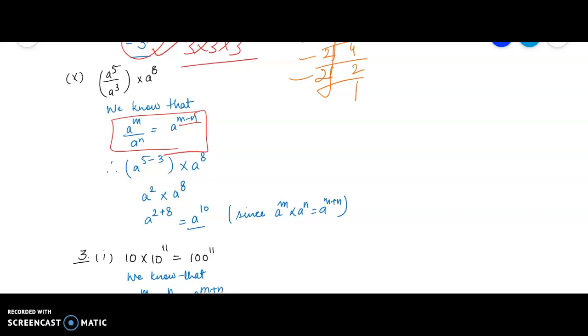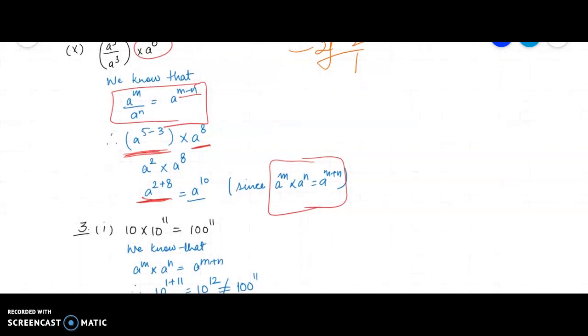So here also I'll subtract 5 minus 3, so this will become something like this, multiplied by what is left here, a to the power 8. For multiplication also I know that the powers get added. So here you can see in this step, a raised to the power 2 plus 8 equals a raised to the power 10 is my answer.